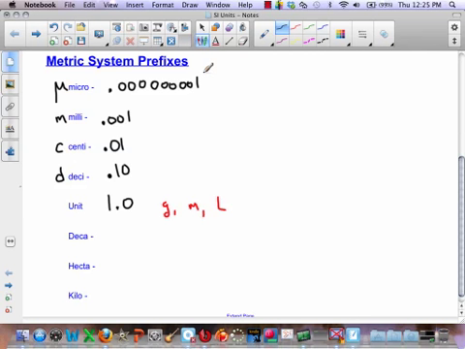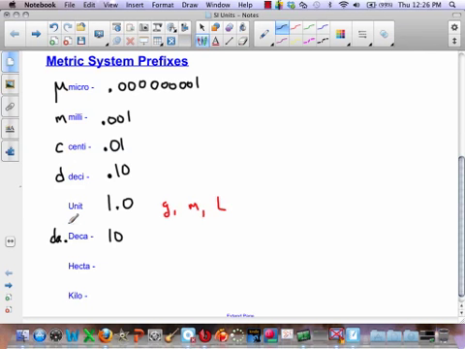Deca. Think about decagon, decade, decathlon. Deca means what? 10. So a deca is 10 of those units, and that's represented by da. Most of these you're going to use, probably centimeter or the centi and milli a lot, but you won't use the hecta or the deca a lot.